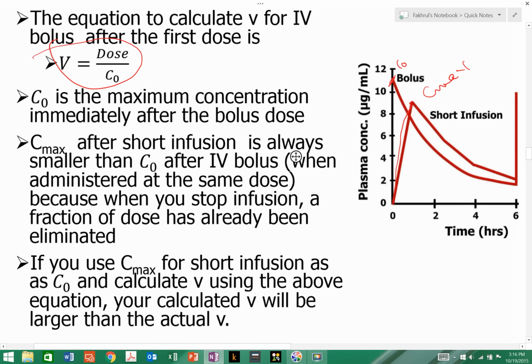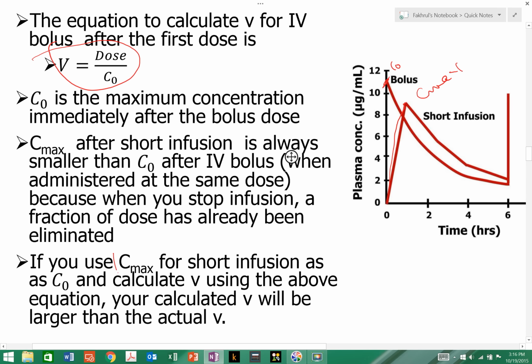If you use Cmax for short infusion as your C0 and you calculate V, you will have a larger V than the actual V. This is a concept you have to remember. If you look into this graph, this is C0 in case of bolus, but in case of short infusion it is going to be Cmax.